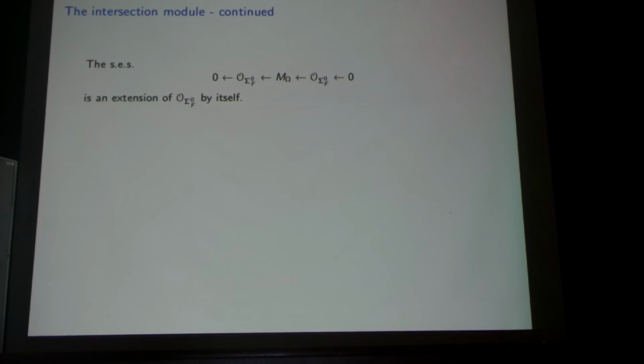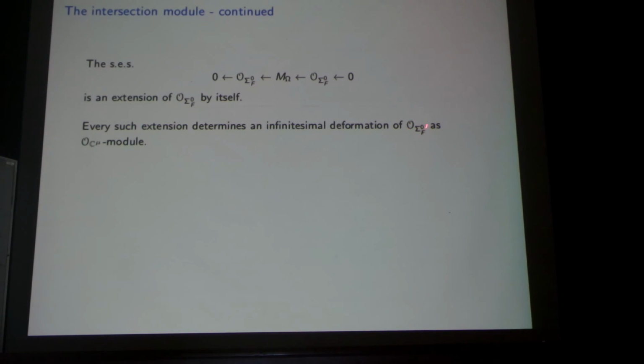So this tells us that this short exact sequence is an extension of O sigma 0 by itself, and therefore determines an infinitesimal deformation of O sigma 0f as an OC mu module.